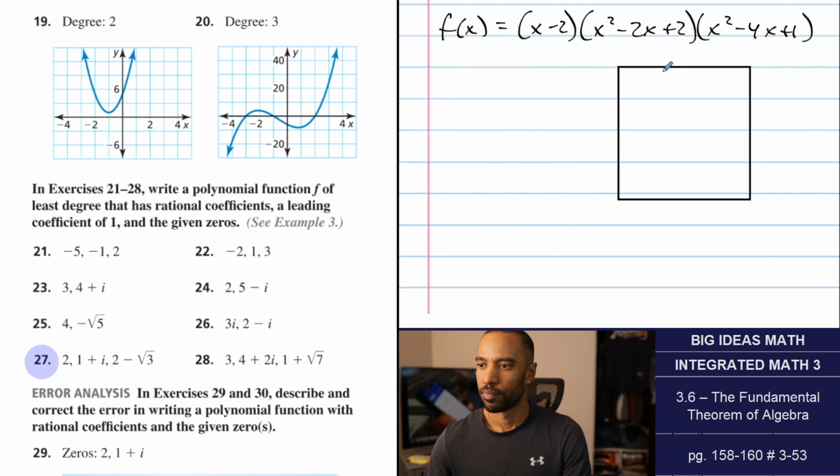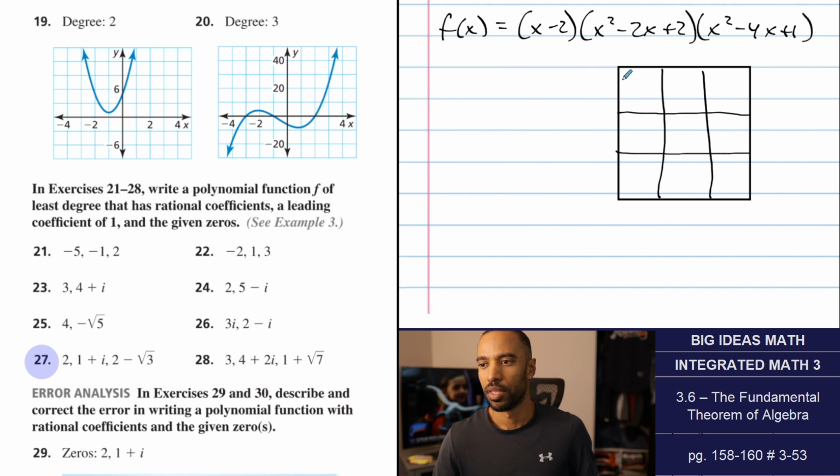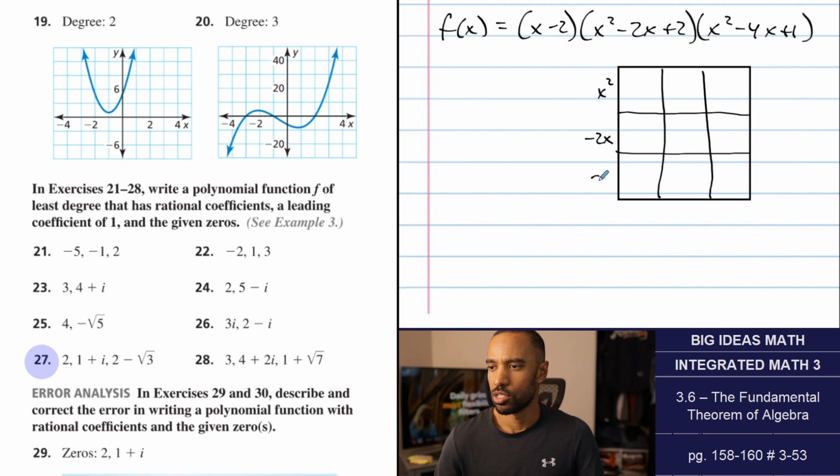Otherwise, that's 9 terms to write alongside that guy here. So we have x squared, negative 2x and 2, x squared, negative 4x and 1. All right. x to the 4th, negative 4x cubed, x squared.